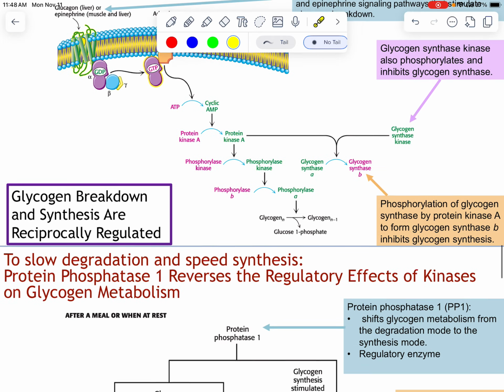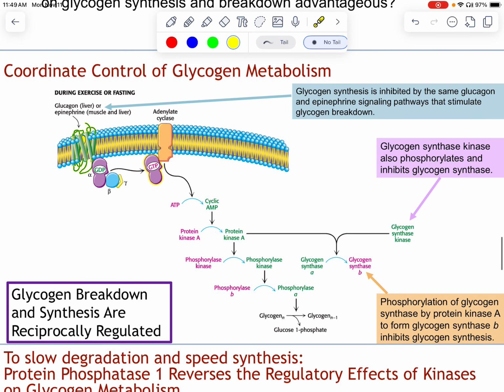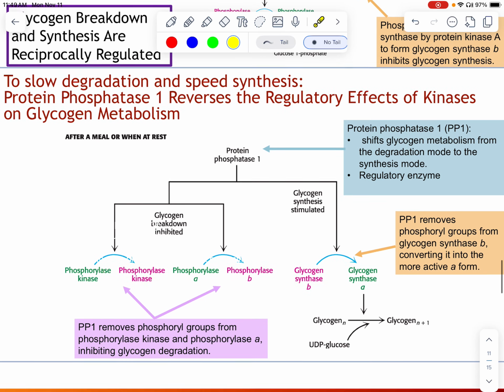Let's take a look at this. So let's say this happened, okay? You have a scare, you make some adrenaline, you start this whole thing, you're breaking down your glycogen, you are not synthesizing new glycogen, but at some point, we want to change that, right? At some point, you're no longer being chased by a wild animal, you're no longer frightened by whatever it was. You've maybe eaten a meal, you've got a ton of glucose.